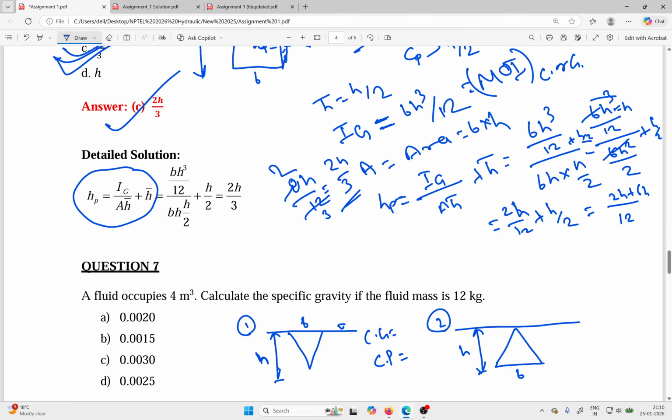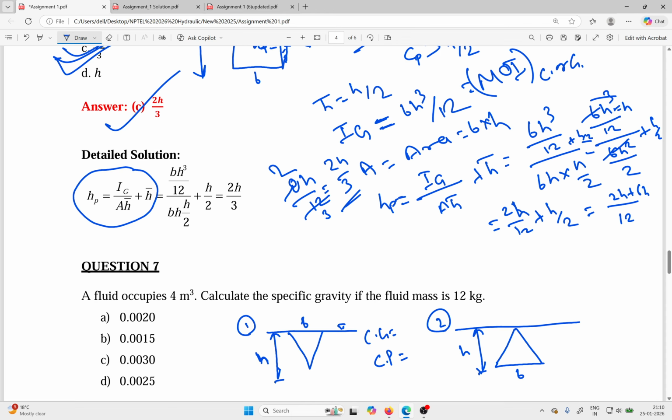Okay. Question number 7. The fluid occupies 4 meter cube. Calculate the specific gravity if the fluid mass is 12 kg.